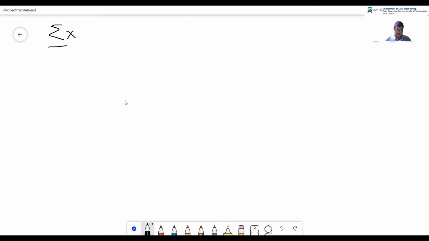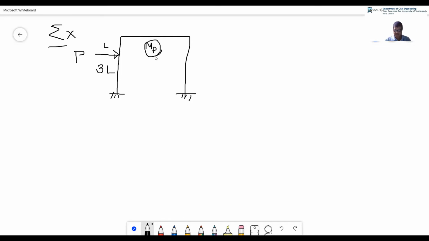So we have discussed the problems of frames with the loads and the joints on these frames. Let us see the loads at the different sections. Here is your load, this is your P. This value is L, this value is given as CL, and it is MP, and here it is 2 MP.